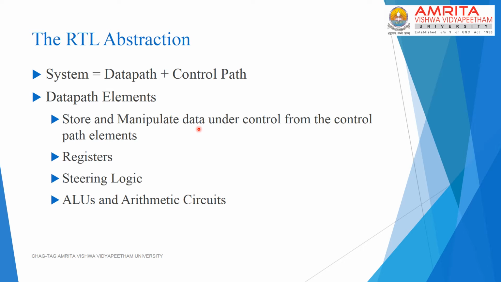For instance, if we look at a microprocessor, which is a typical digital system that we are all familiar with, the data path elements in the processor will comprise the registers in the processor, the ALUs in the processor, and the steering logic such as the multiplexers which route data to and from the ALU and the registers.